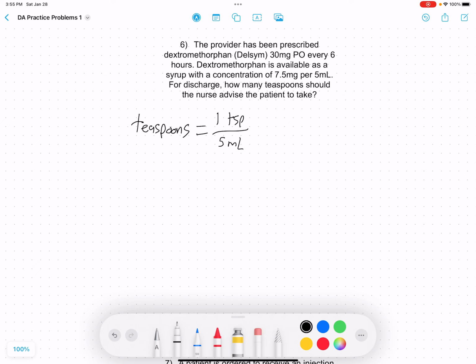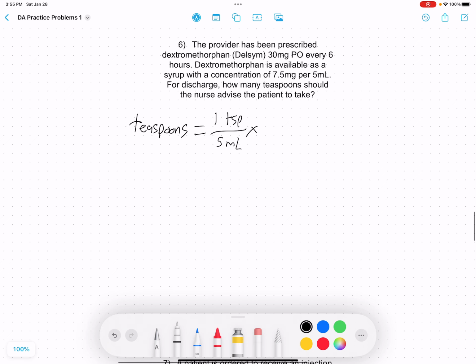All right, next step, our next fraction. We want to cancel out those milliliters. So, as you know, we want to have milliliters at the top. In our question, we have a conversion for every 5 mils, there's 7.5 milligrams.